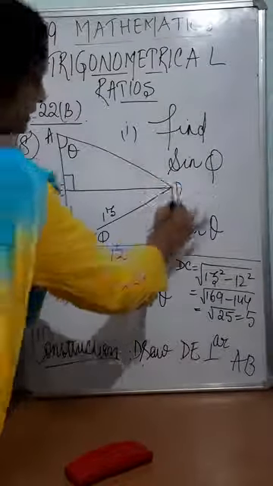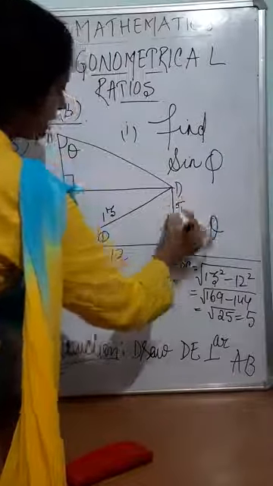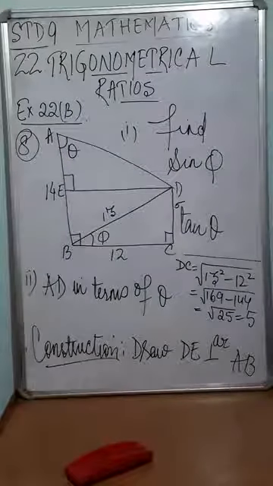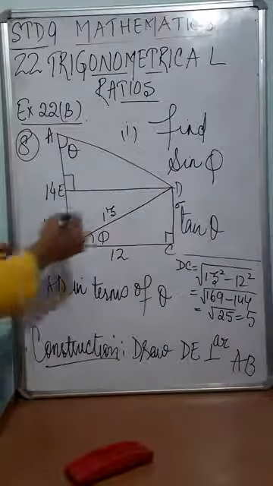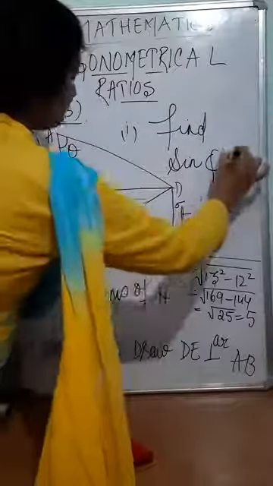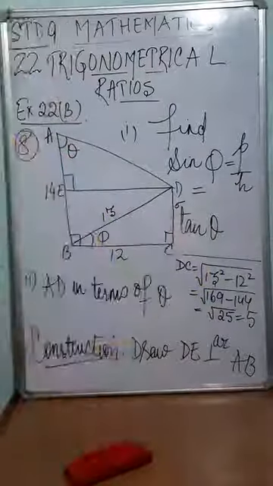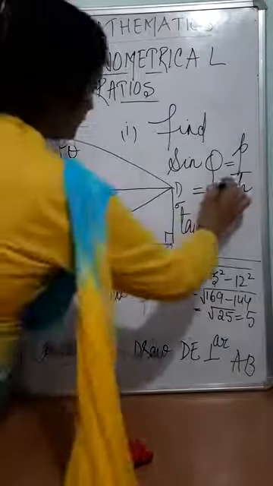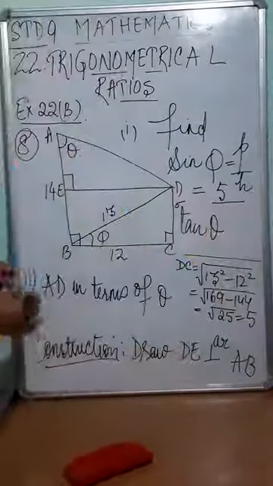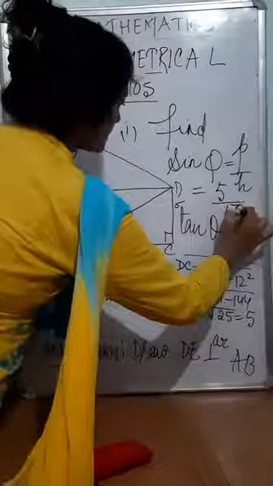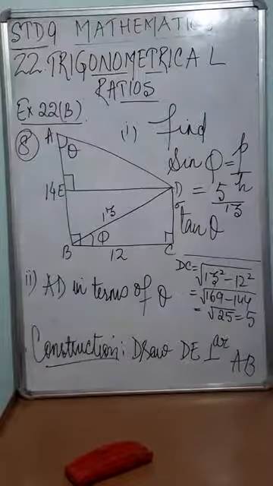Therefore, DC is 5. Now, sine phi is perpendicular by hypotenuse. Perpendicular side is 5, hypotenuse is 13. Hence, this is the ratio for sine phi.